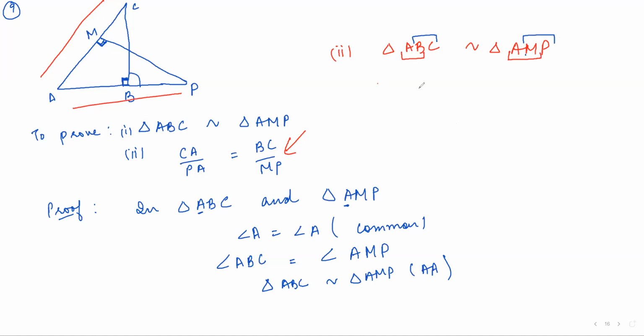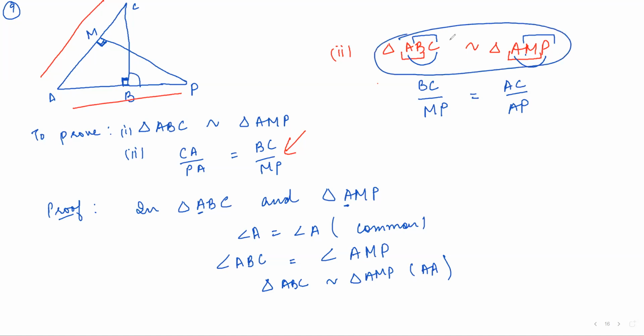Can I write it? So that means BC upon MP is equal to, and this last corner ones, AC upon AP, right? So I can write AC upon AP. Now what you need, Sarah, here you need CA. CA means AC, right? Upon PA. So you are getting BC upon MP. So this is proved. Like without looking at the book, from here only you can write this thing, right?